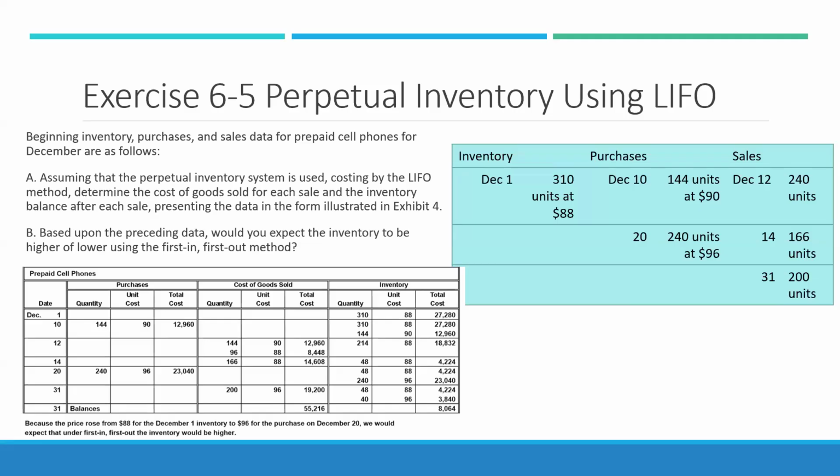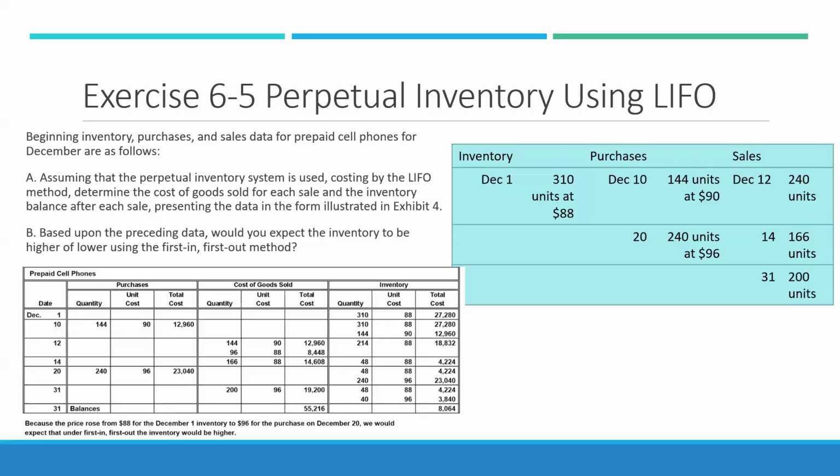And so our total journal entry for cost of goods sold is going to be the 12,960 plus the 8,448.